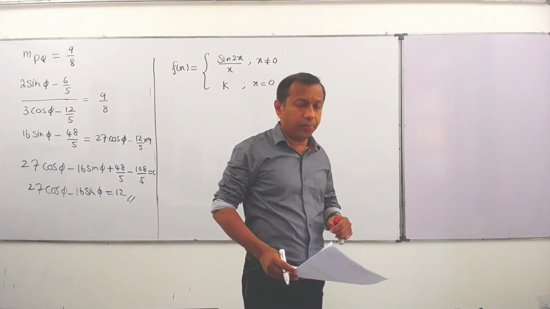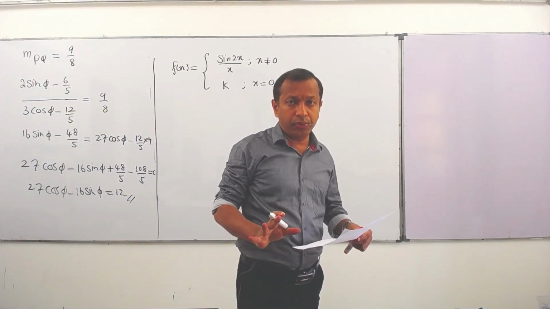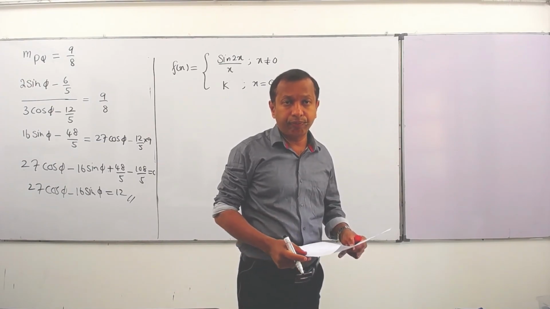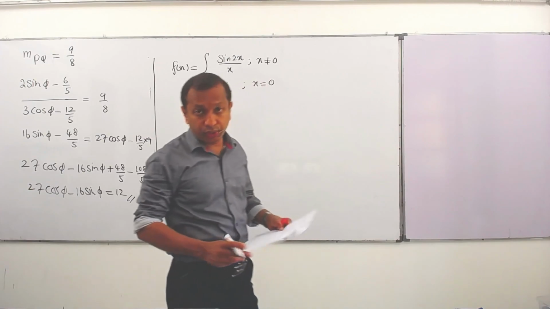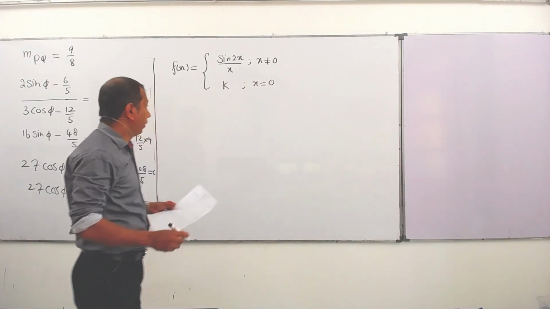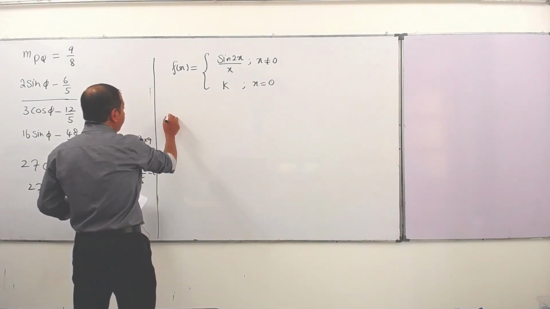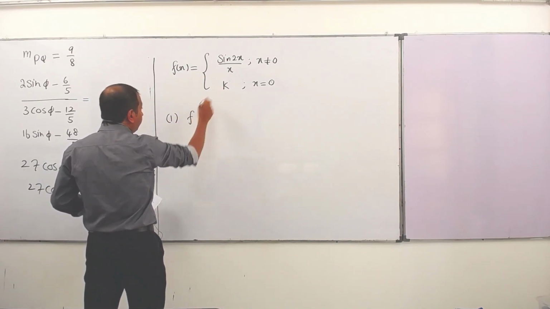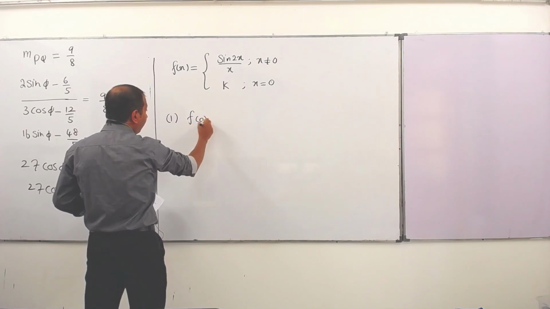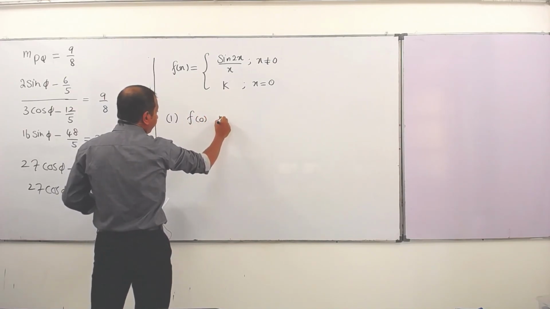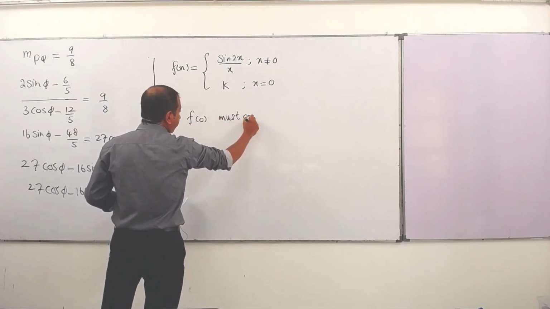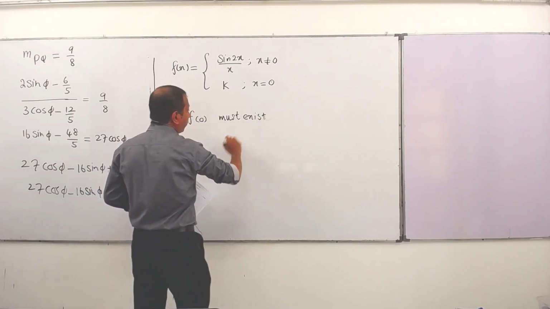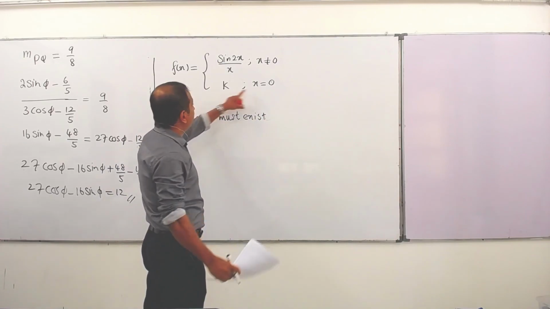Now, you know, for continuity at a given point, the graph should satisfy 3 conditions. First one, at x equals 0, f(0) must exist. That exists because f(x) equals k when x equals 0.